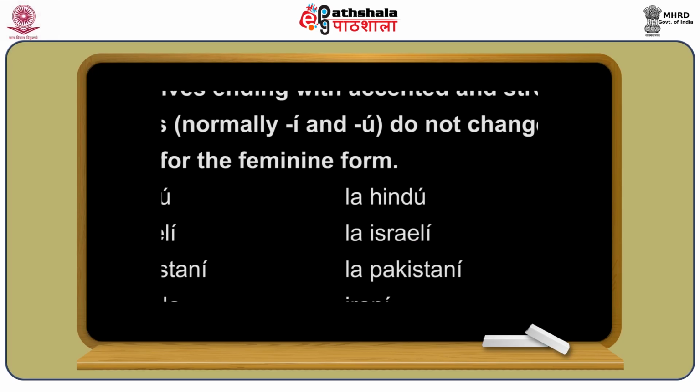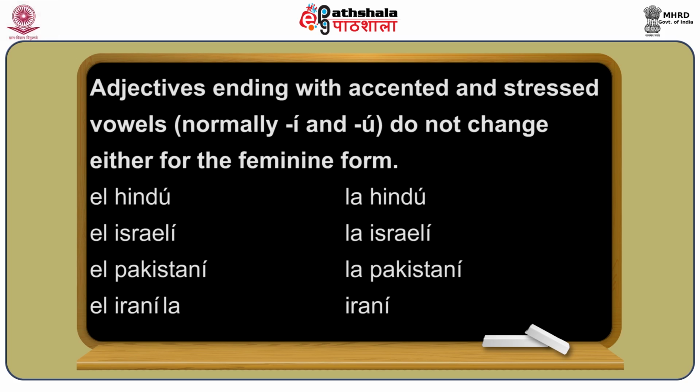Now there are adjectives which end with accented and stressed vowels. Normally, í with accent and ú with accent do not change for either the feminine or the masculine form. For example, hindú remains the same for both genders, meaning Hindu. Israelí remains the same for both genders, meaning Israeli.